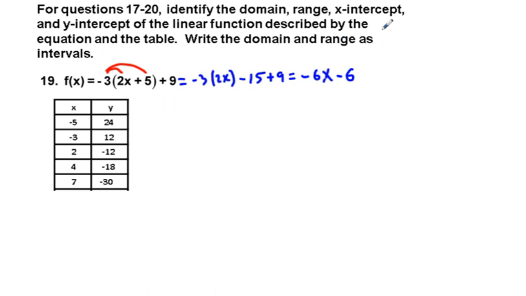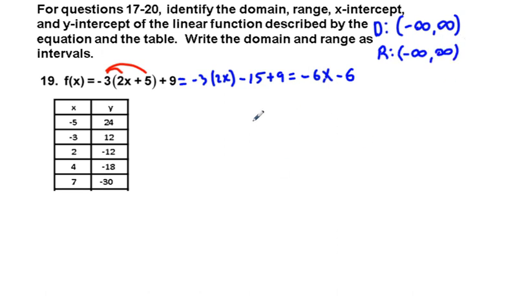So what is domain and range as intervals? Well, our domain is going to be all real numbers, interval notation greater than -infinity, less than infinity. Our range is going to be the same, greater than -infinity, less than infinity.